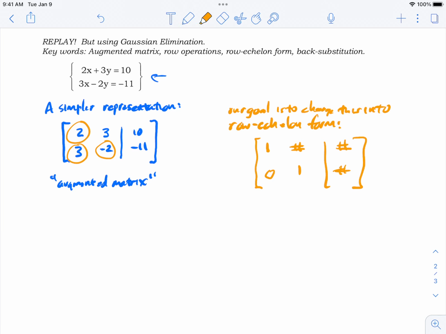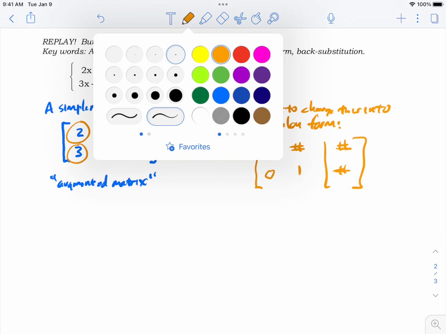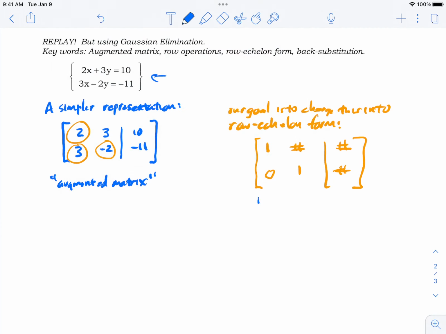Notice its properties here. We've got 1s going down the diagonal, and if it were a bigger system, it would just keep going on down. We'd have a 1z and a 1 for whatever comes after z, and so on. And everything underneath would always be zeros. That's the idea of row echelon form. 1s down the diagonal from northwest down, zeros beneath the diagonal.